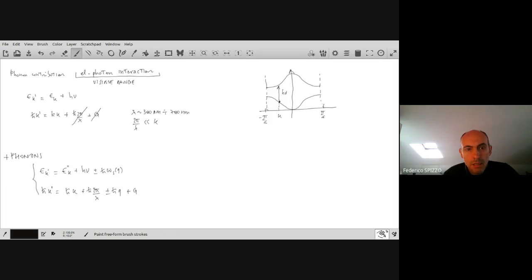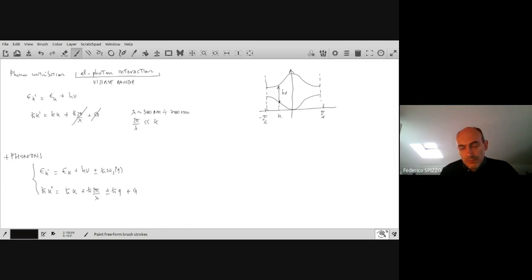Since, let's say, E of k is in the electron volt range, the energy of a photon is again in the electron volt range if we consider photons belonging to the visible range. The energy of the phonon is in the tens of meV range.